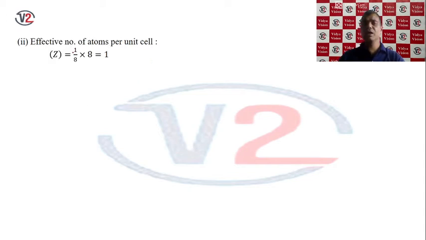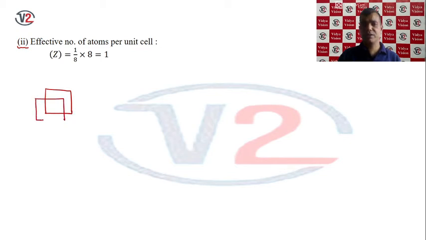Now if we want to determine the effective number of particles, the effective number of atoms in the simple cubic arrangement, that is equal to 1. How can we determine it? In this arrangement, particles are present only on the corners.